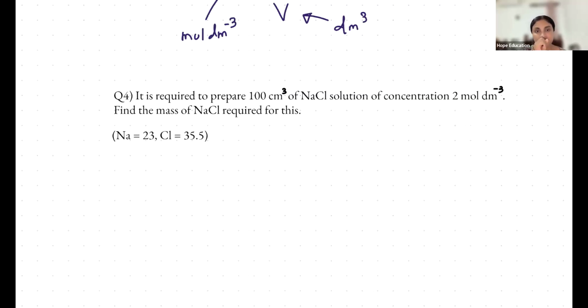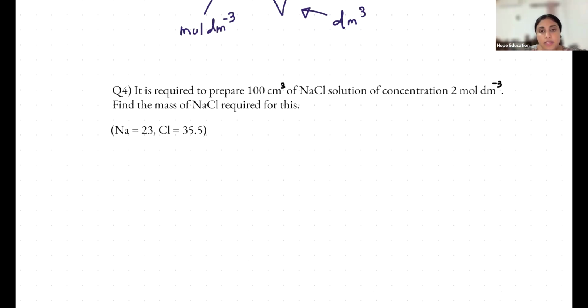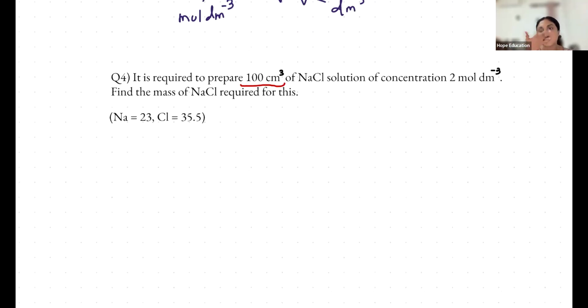I'm going to do it this way, and y'all also can follow the same method. I think that would be easier. Before thinking about equations, first I write down what is given to me. What are the details that are given to me? 100 cubic centimeters. What is this? Is it a mass? Is it a concentration? Is it a volume? Is it the number of moles?